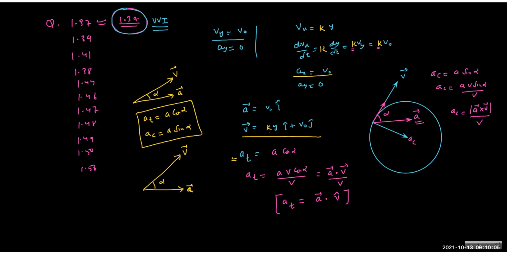So you can take the magnitude of velocity and you differentiate it. That's actually a better way of doing it. So this is also one way of doing it without differentiation.